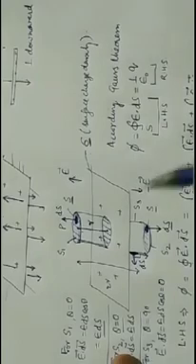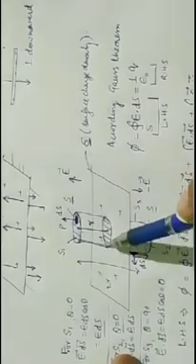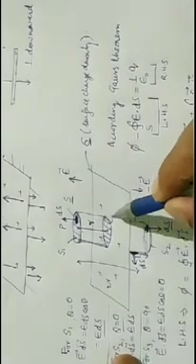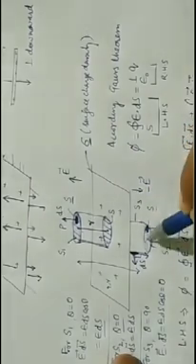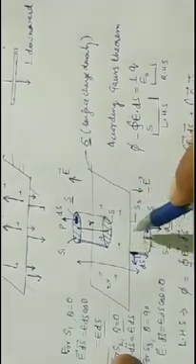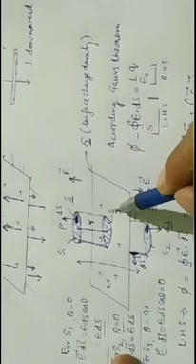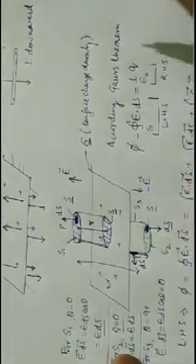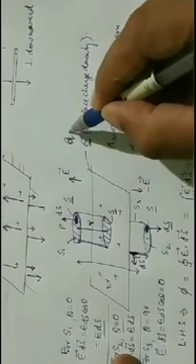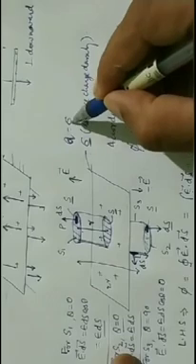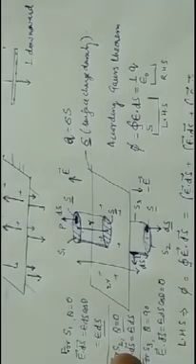So whatever be the charge of this portion of the sheet will be the charge enclosed by the Gaussian surface. If this sheet has a surface area S, because it is symmetrical, all the cross-sectional areas will be equal. Then the charge on this surface will be Q equal to sigma S, where sigma is the surface charge density, that is charge per unit surface.